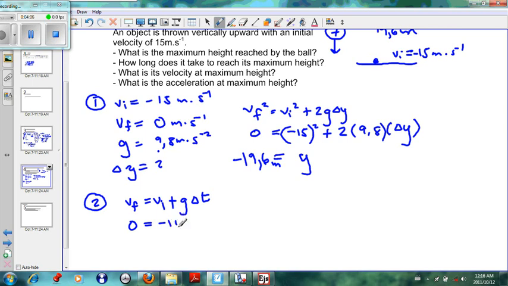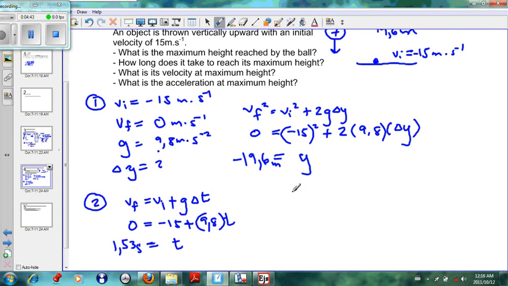Your initial velocity is minus 15 plus your gravity, 9.8, times t, which is what you want to find. If you work out t here, we get an answer of 1.53 seconds. So that is the time taken to reach its maximum height.